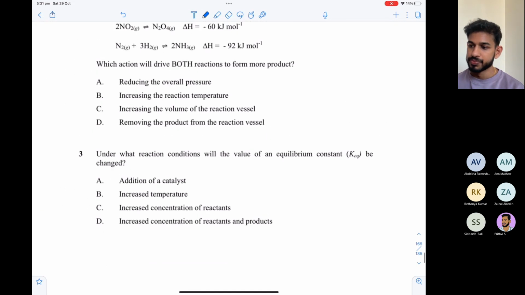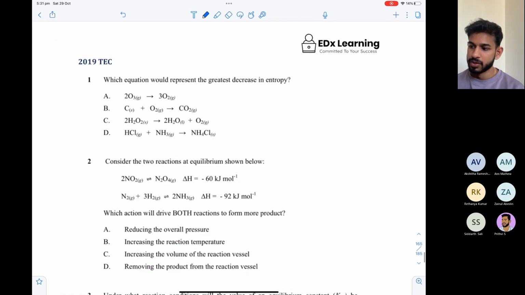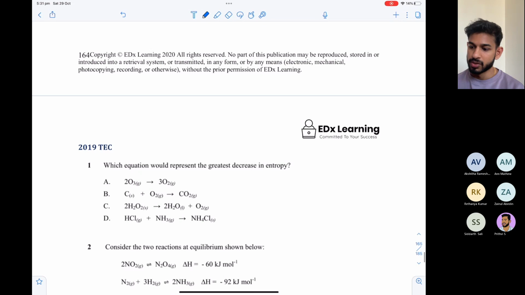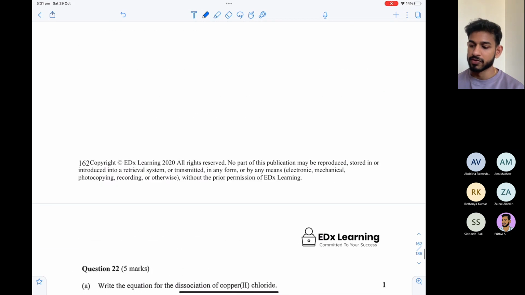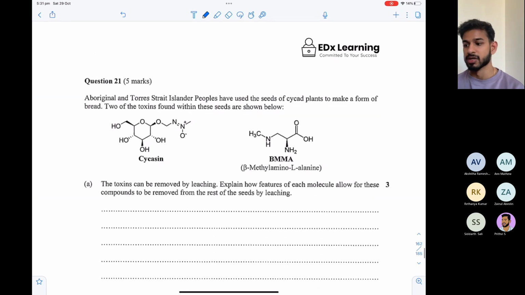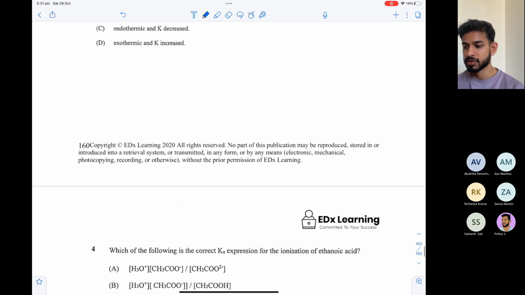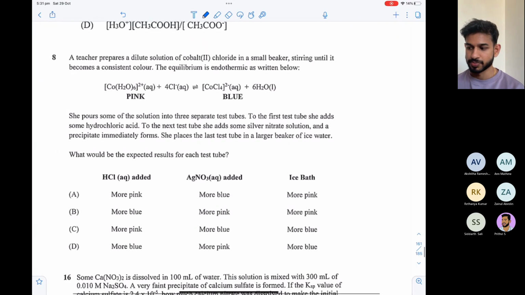For example, you would be able to do question 2. You would be able to do question 1 of TEC. You should know which questions are relevant to you and not. So any of the K questions are not relevant, etc. But any questions you can do, do it. For example, all these questions. Perfect. Question 8. Right? So start doing those questions. If you have any questions, bring it up in class. I'll go through it with us. Okay?